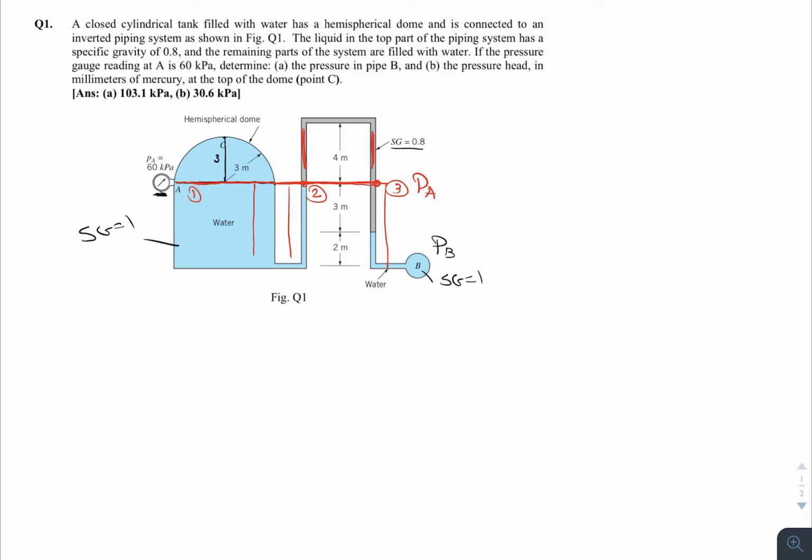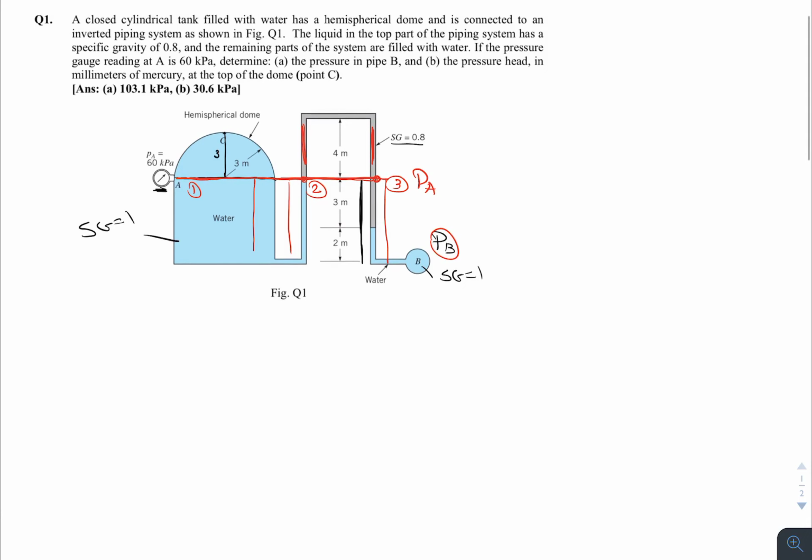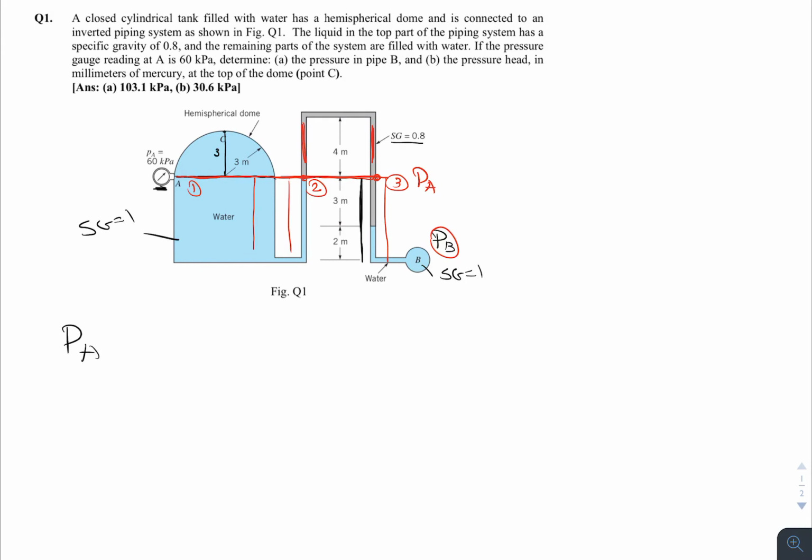And what's interesting about that is then, in order to get PB down here, we only need to worry about the fluid in this region here. We don't care about the rest of it. We can just ignore everything else. So we can say that PA, our pressure at point A, is 60 kilopascals, plus, because we're going down the first step, it's going to be our gauge fluid, so it's going to be gamma, we'll call it gamma L for our first fluid, times 3 meters.